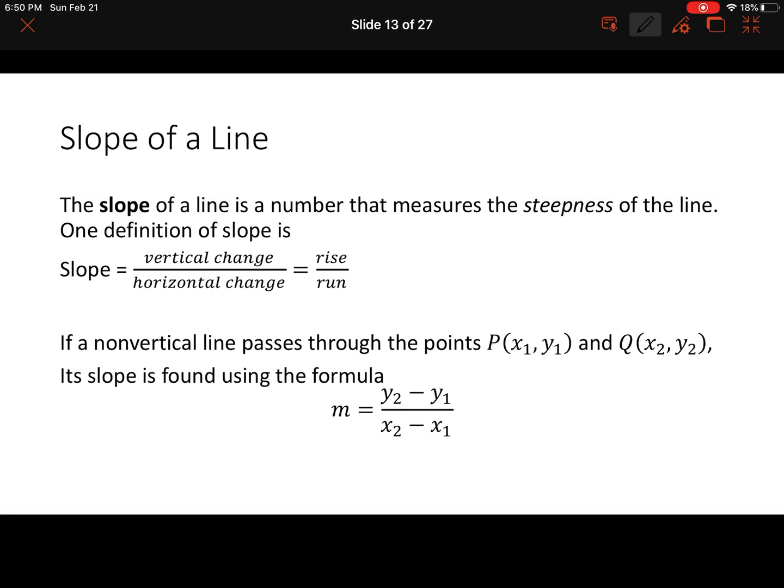There are 4 types of slope. You have the positive slope, and that's when the graph is rising from left to right. You have a negative slope when the graph falls from left to right.